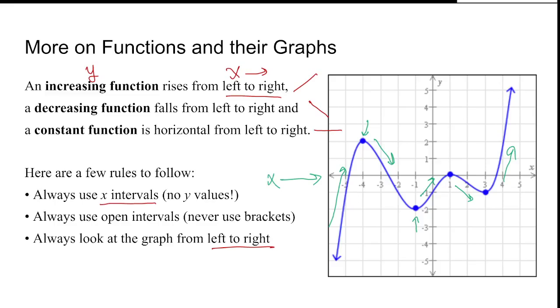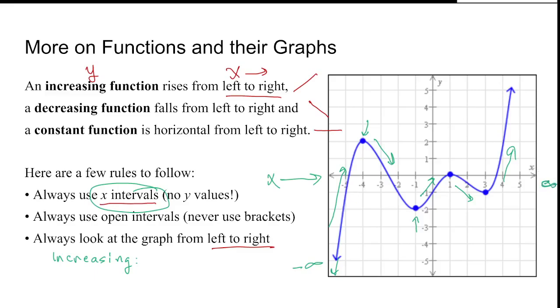As we talk about using x intervals to report our places, we would list this as increasing. And where does it increase? Well, this first segment keeps going forever. So where does x start? Negative infinity. Where does x end? Positive infinity.